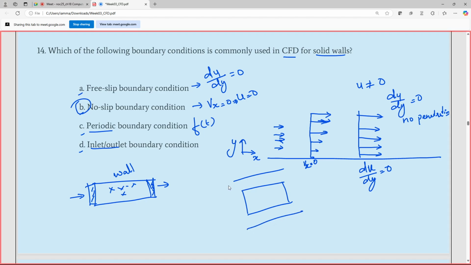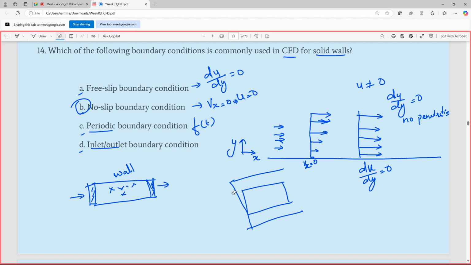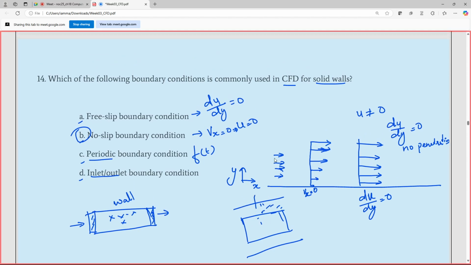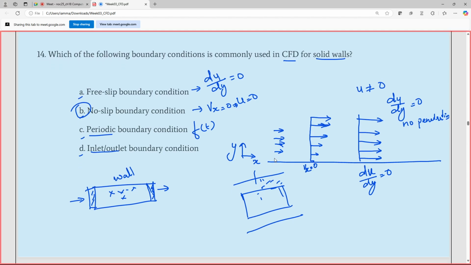Suppose the larger box is your fluid domain, but you don't want to study the boundary effects or boundary layer effects. You are interested only in the inner regions of flow. The flow is happening outside also, but you only want to study this. That's the control volume concept. So you are taking a control volume somewhere inside the flow. In such conditions, this boundary condition can be applied.